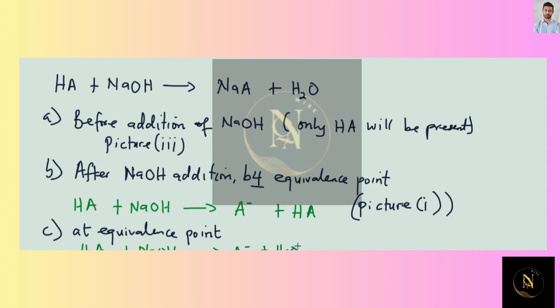But because we ignore water, we have to look for the box that contains only A minus, and that's going to be diagram 4 or picture 4.